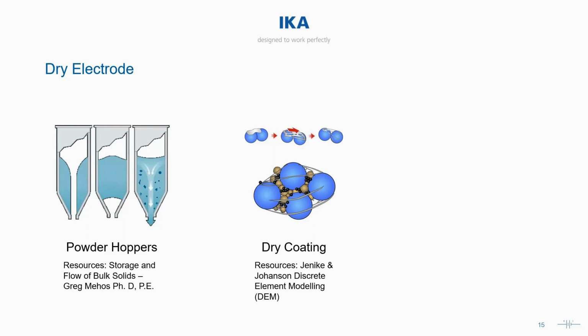The most important thing here is that you are aware of the method in which your material is flowing onto that material. And some resources that I can recommend for that would be looking into Jenneke and Johansson, discrete element modeling. That will be quite helpful, where you can use the specific properties of your material to look element by element at how that flow and how that process will take place.